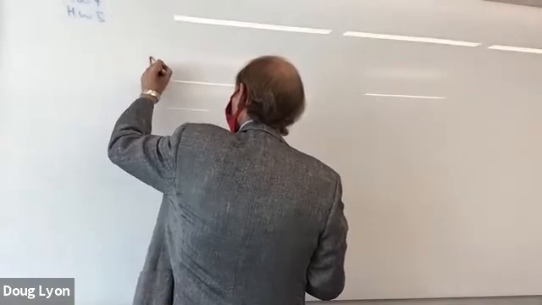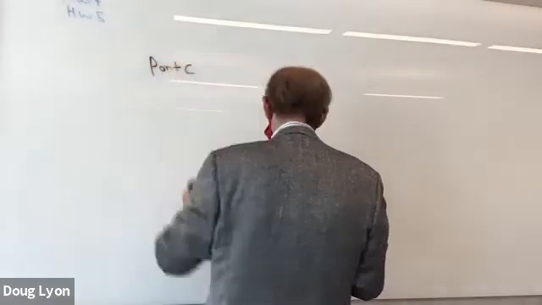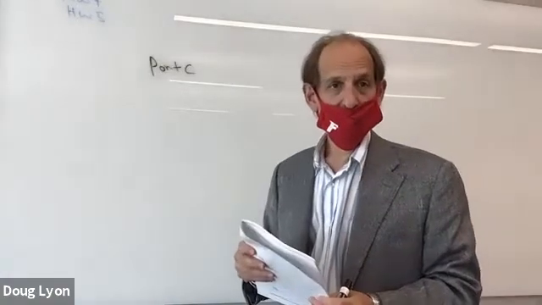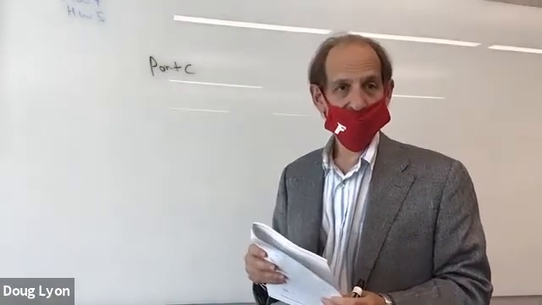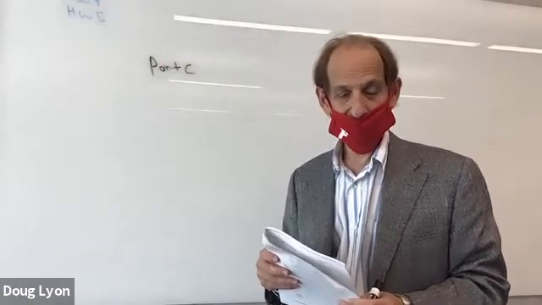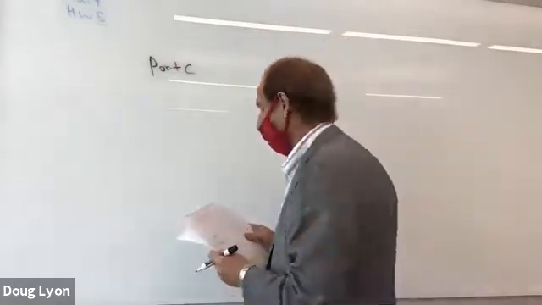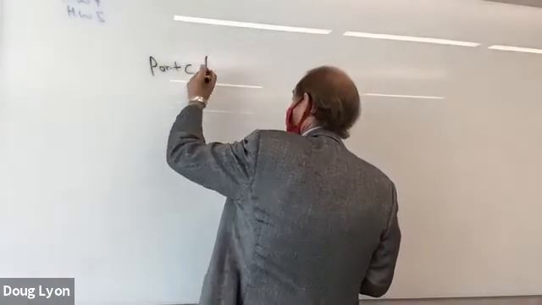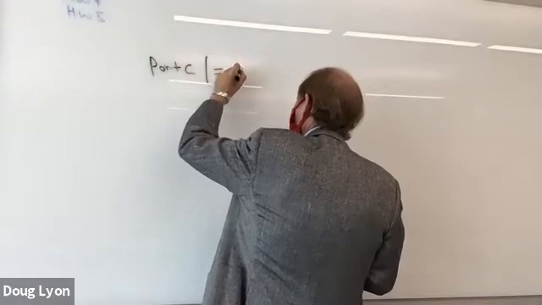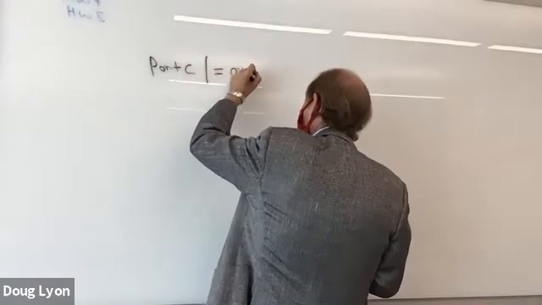Port C is an 8-bit quantity which has a literal that you can set. And this will allow you to set the inputs and outputs on port C. And what we're going to do is use a vertical bar and an equal sign and set it equal to 0x01.